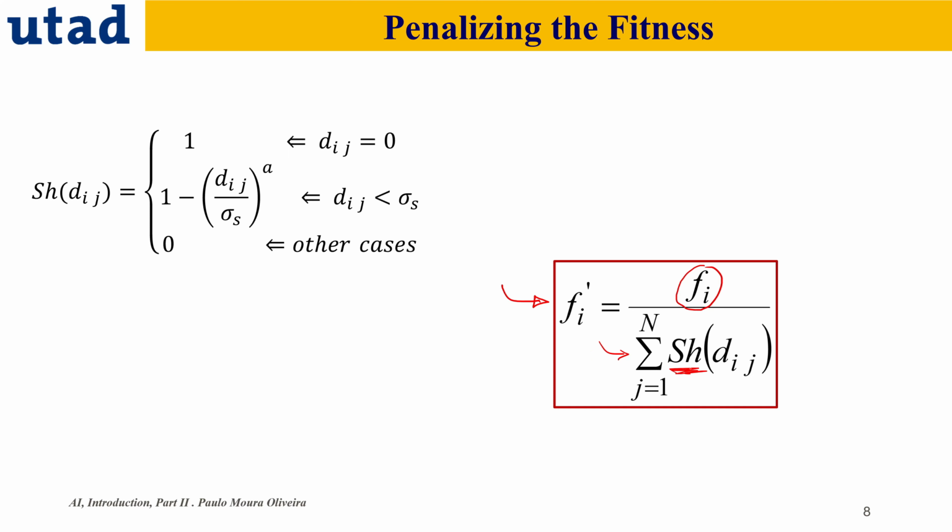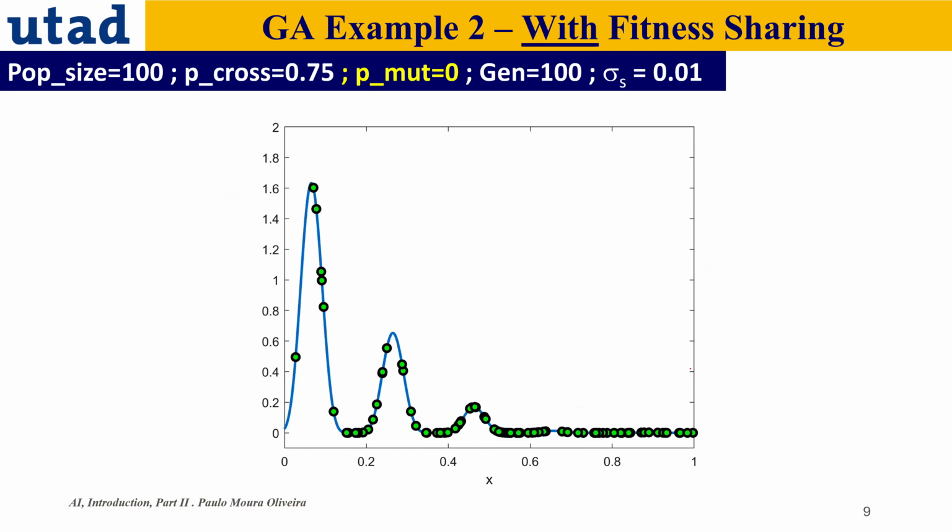Okay, so I'm going now to show you the result of the same example with fitness sharing, where in this case the radius is really small. The sharing radius is 0.01 because this is just one variable between 0 and 1.